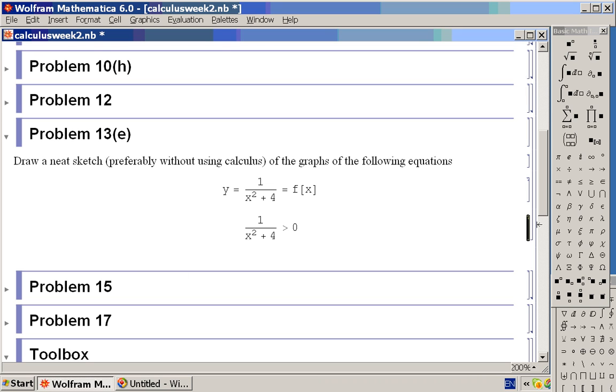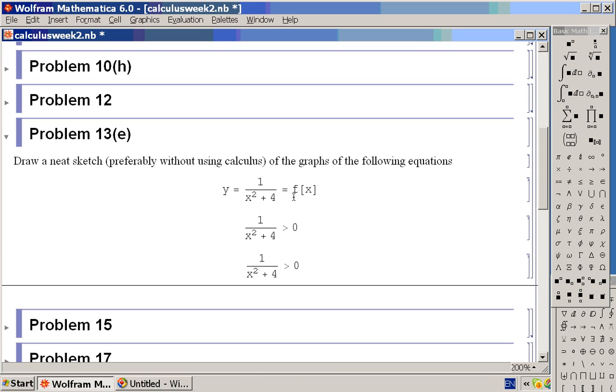The next thing we notice is that for any value of x, x squared is positive, so the denominator is always greater than or equal to 4. So the function is always less than or equal to, when x is 0, 1 over 4.